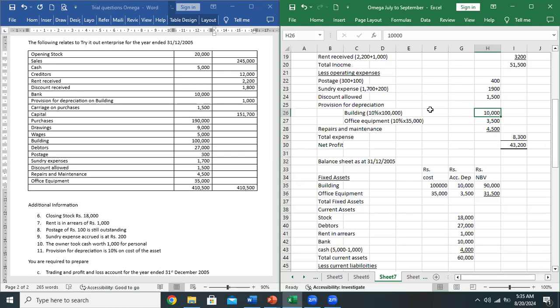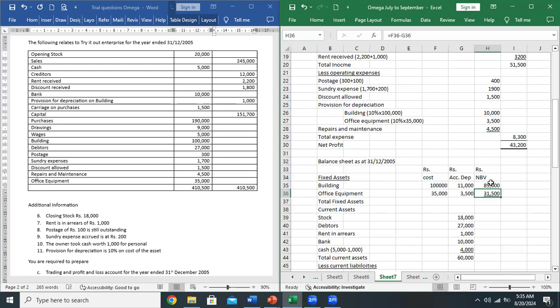So in this question, we charge 10,000 in the profit and loss account. And in the trial balance, we have 1,000 here, giving us depreciation on the building. So you add the two together, making 11,000. And that's what you put there under your accumulated depreciation. Then you less it from the cost to get the net book value, which is 89,000 in this case.